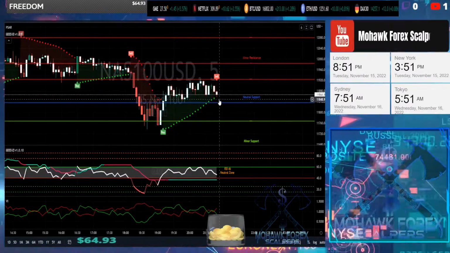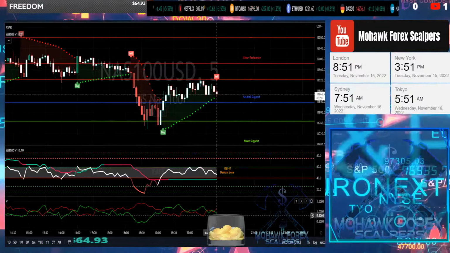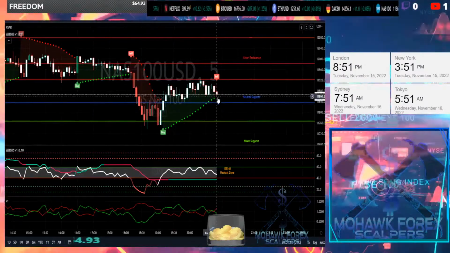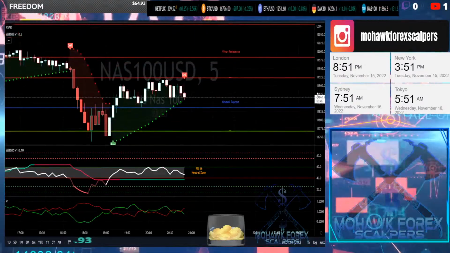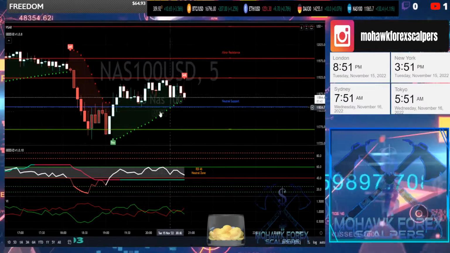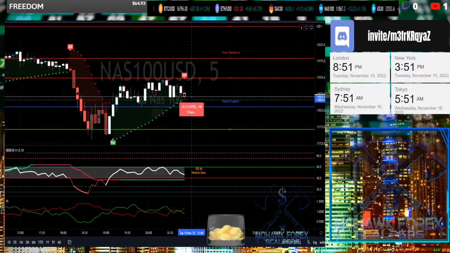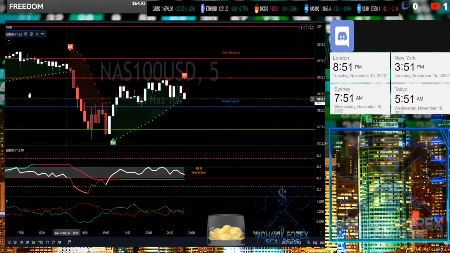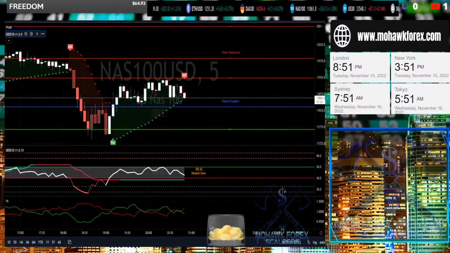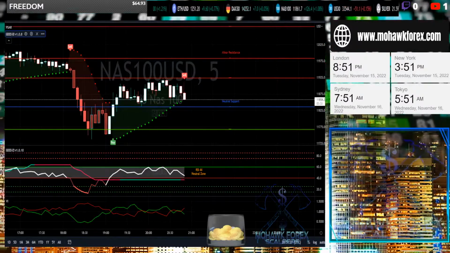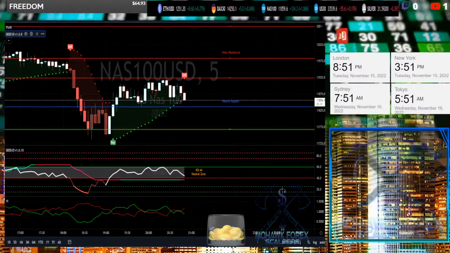So again, much as I wanted to try and get in, Vortex is red. We're neutral. Is it going to wick down? What gap have we got between the bottom of that candle and our green dot? We've got 100 there. So NAS.